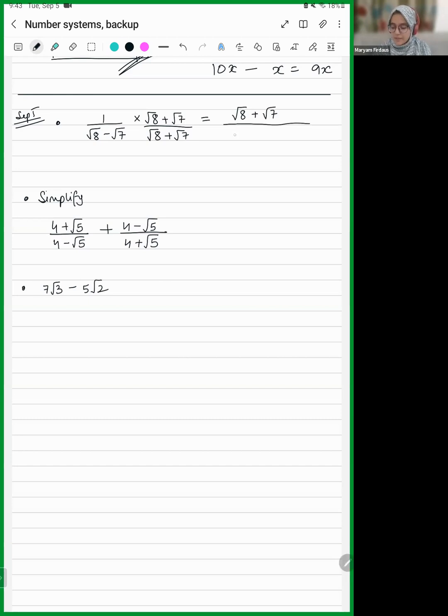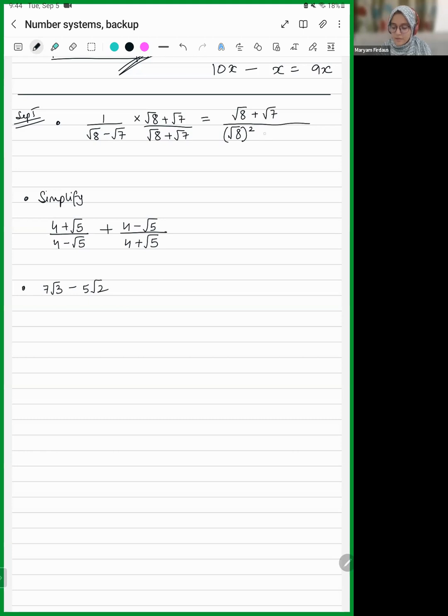But see, 1 multiplied by anything is the number itself, right? So we don't have to write 1 over there. It's obvious that 1 multiplied by this thing will be this thing only. So you don't have to write 1. Then in the denominator, root 8 square plus root 7 square.